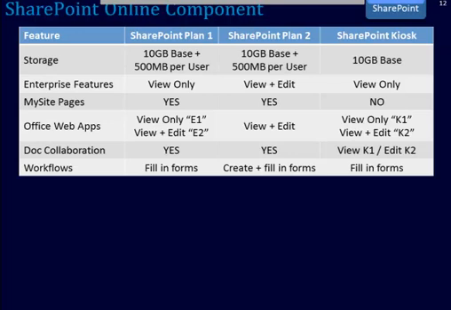Document collaboration, you're going to get that in all the plans, and by that I mean the ability to check in and check out, version control, etc. That's going to be available in all. And then for workflows, you'll have the ability to fill in forms. So if somebody publishes an InfoPath form or something, if you're in Plan 1, you can still fill it out and save it. You just can't create forms. So if you want to be able to actually create content, you're going to need SharePoint Plan 2.